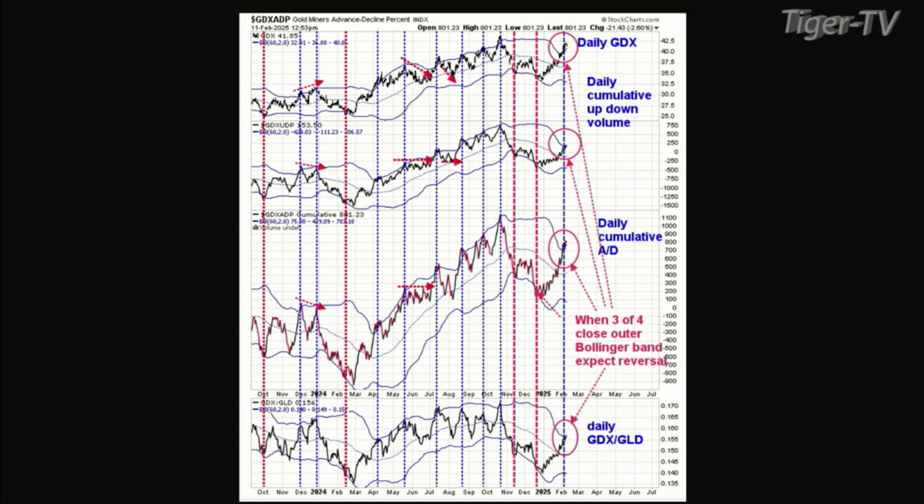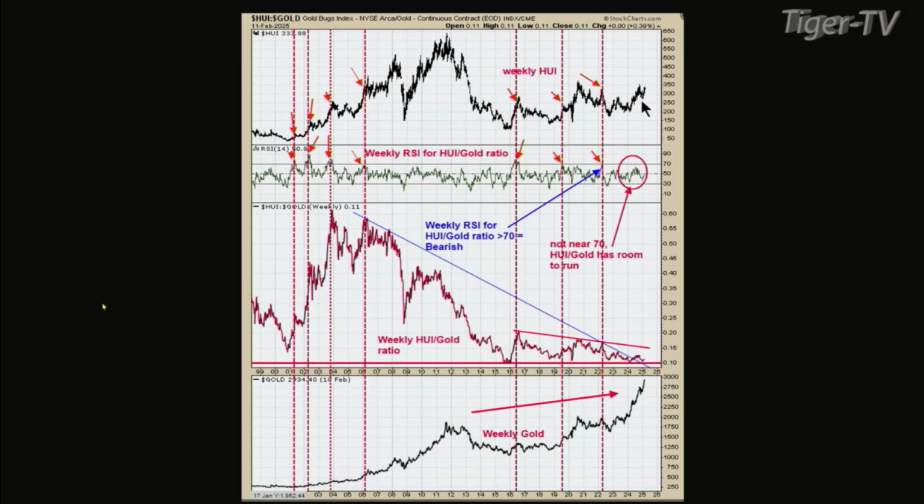Let's go to chart 7. This is a little bit longer term indicator. It's not short, but it could pick out multi-month type tops. It's the RSI of the HUI/gold ratio.